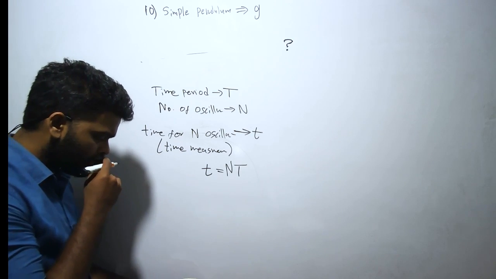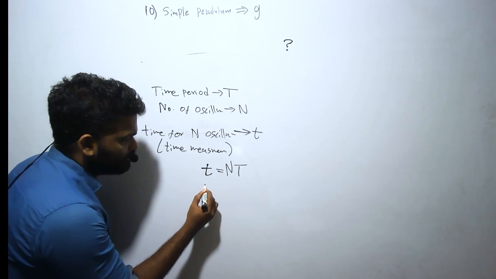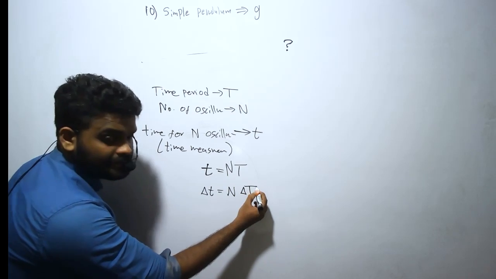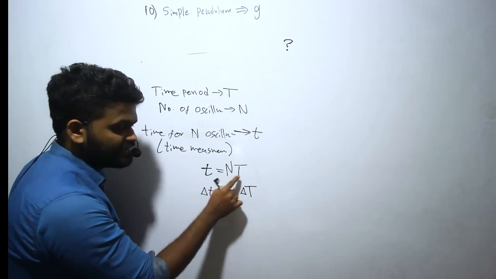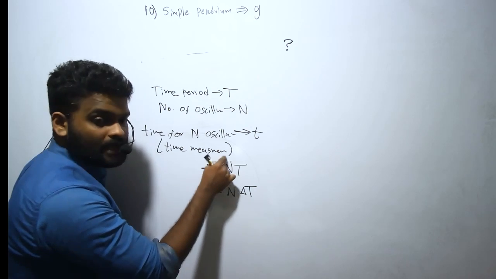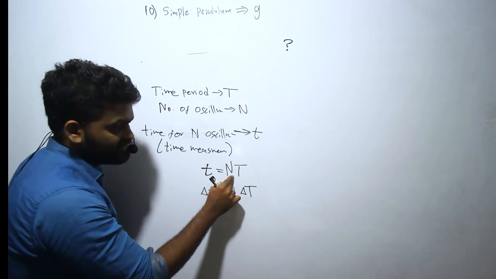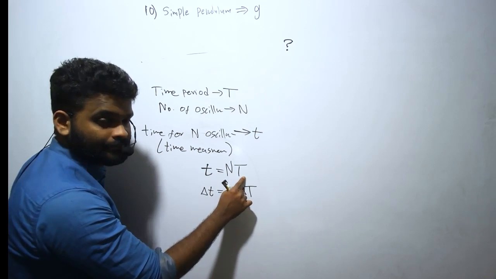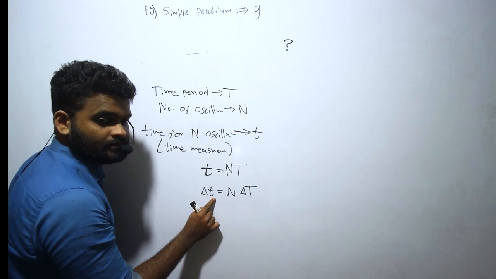Then we can get delta t equals capital N delta capital T. So these two are the variables, simple t and capital T. This is a fixed value, 25, it could be 40. These are the variables, simple t and capital T. In that case, you can write delta t.